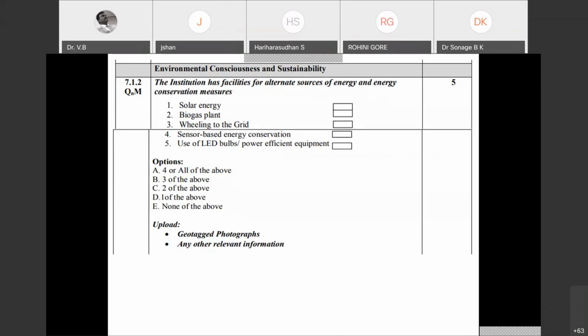Those are the supporting documents which should be provided as far as alternative sources of energy are concerned. And they are also asking for geotagged photographs. If you are showing a solar power plant, then a geotagged photograph of the same is to be included.